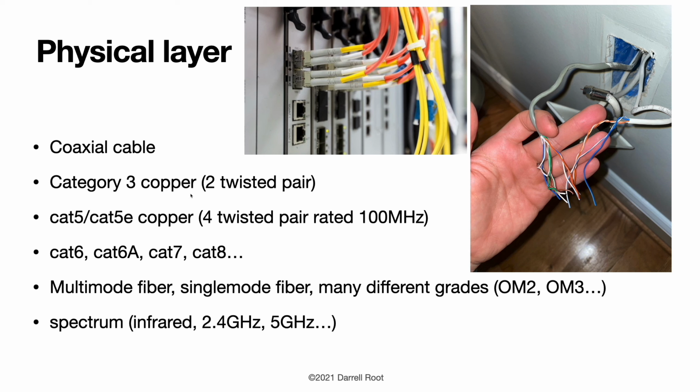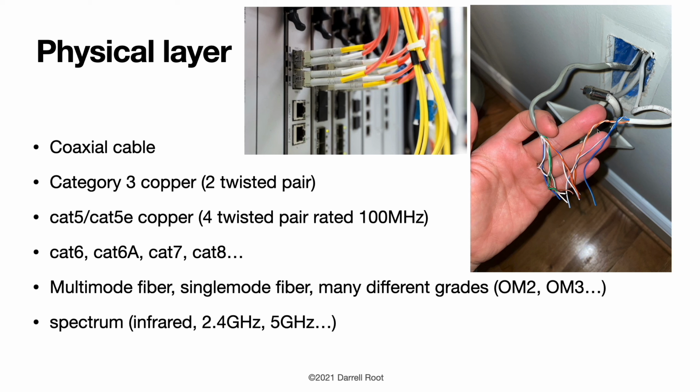Category 3 copper is low quality twisted pair Ethernet. So here's an example. You can see we have 2 pairs of cable inside this particular run. So actually, yes, I see 4 wires total. So this is category 3 wire. In fact, you can see Cat3 on the label right there.